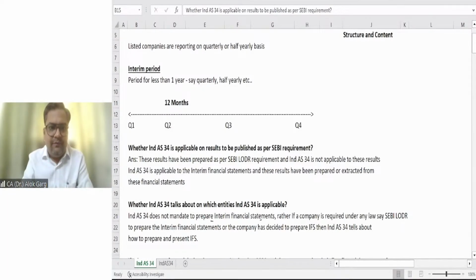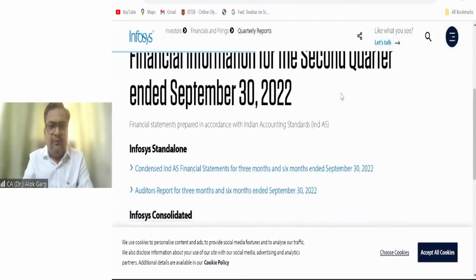Friends, let me know if you are able to see this screen. I have just opened the Infosys website.